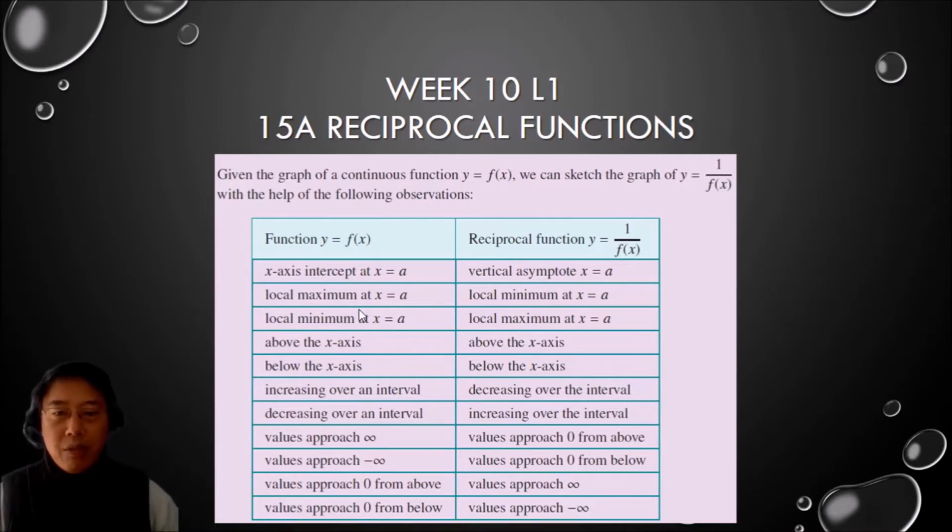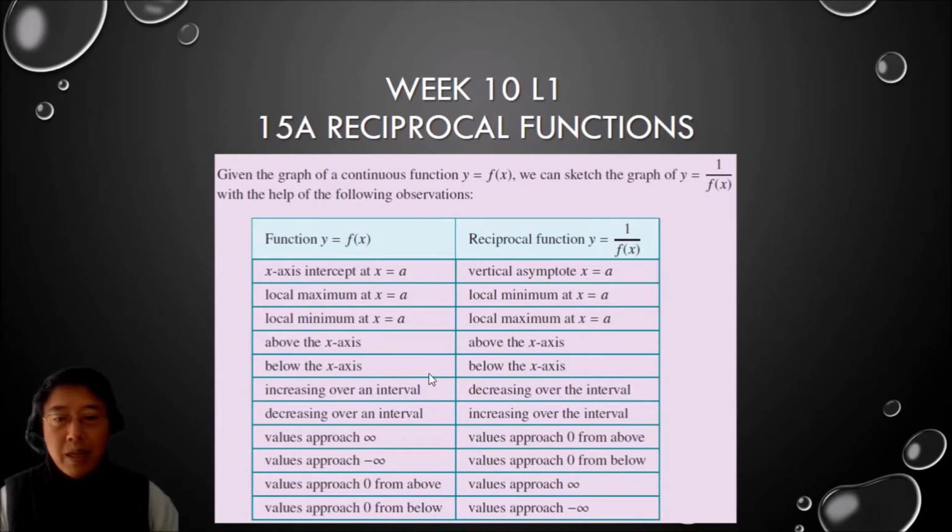There are a few things that will swap around. If you have a local maximum or minimum at a given point, for the reciprocal it will become the opposite. Also, if your function is increasing or decreasing, then it will become the opposite.